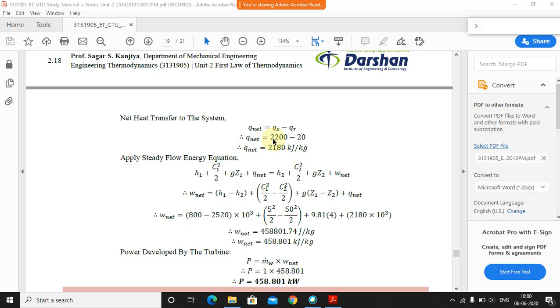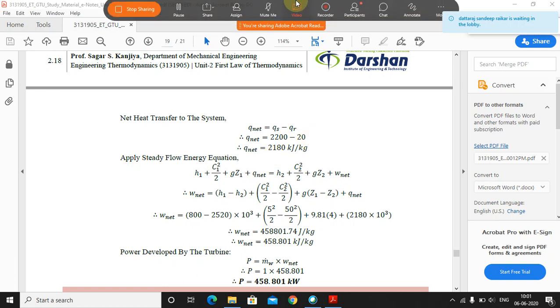Qs is given as 2200, and Qr is given as 20. So 2200 minus 20 will be 2180 kilojoule per kg. So that is the net heat.